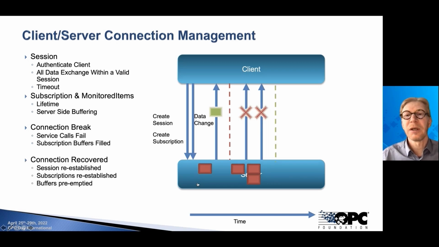But then eventually the connection is recovered, and the buffers can be delivered to the client, and then we can continue the sampling and delivering the data changes to the client, like in a normal situation.